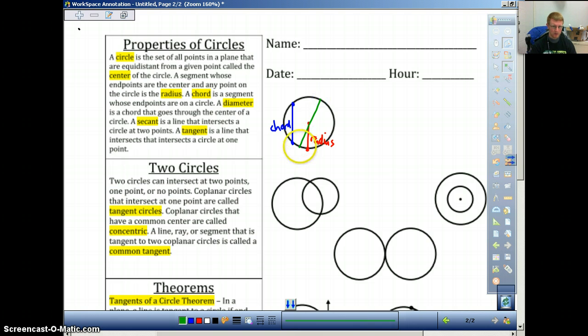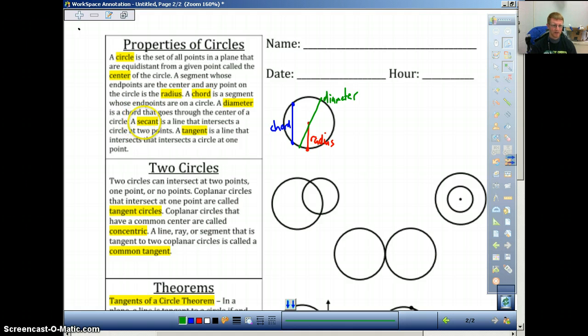Again, it does connect the two edges, like what we said, but because it goes through the center, that's called the diameter. Diameter is also twice the radius. So if the radius is 5, the diameter will be 10.